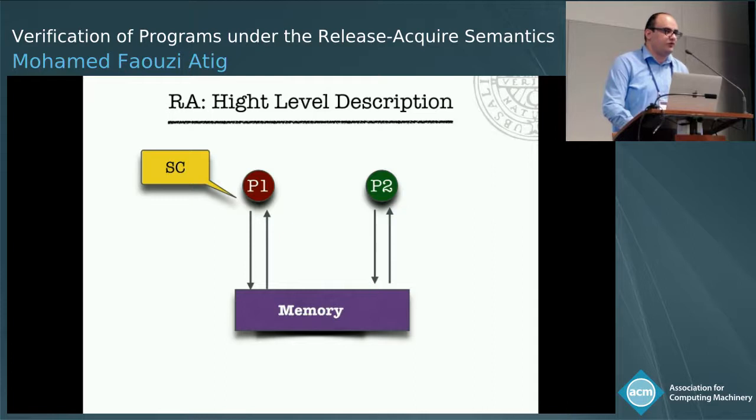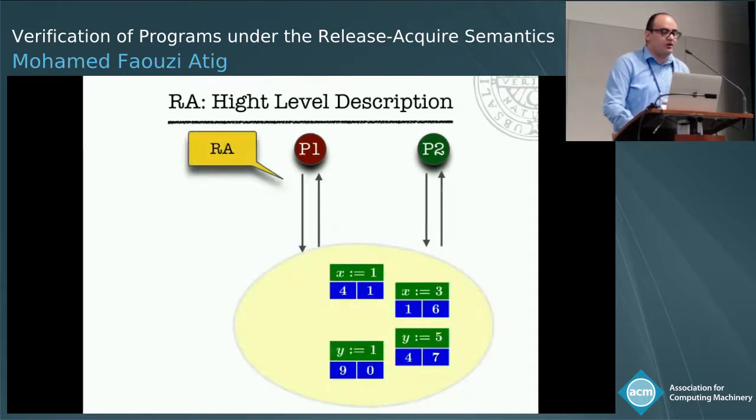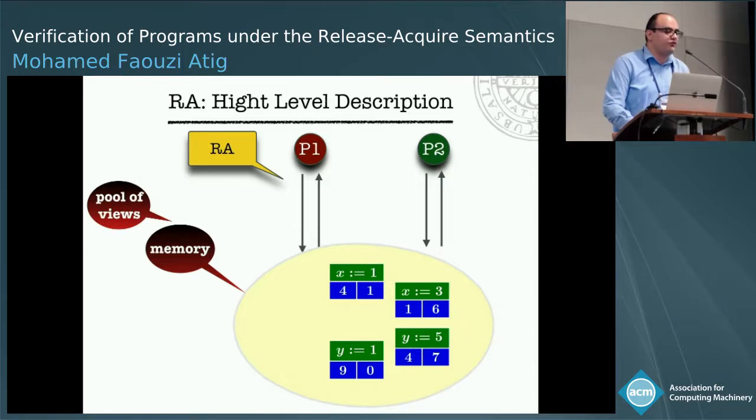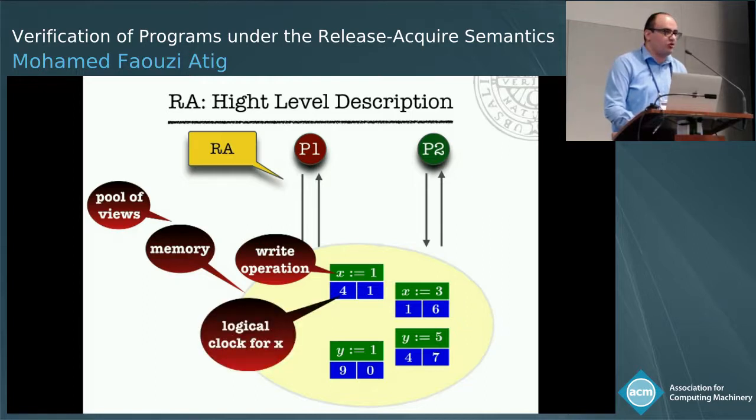Under SC, the processes communicate through shared memory, and each process will read the last written value on each variable. In release-acquire, the memory is now a pool of views or messages, and each message is a write operation. Here, for example, X has a value 1, and we have 2 timestamps or logical clocks, one per variable.